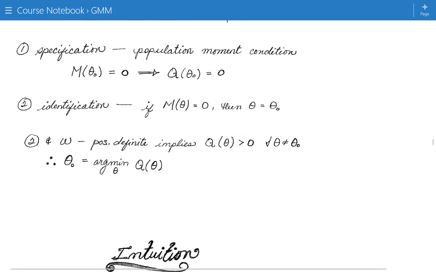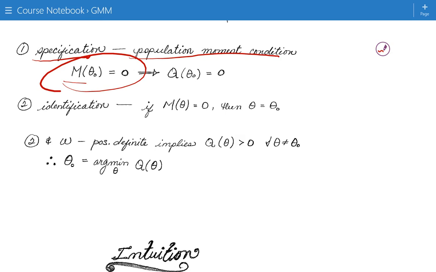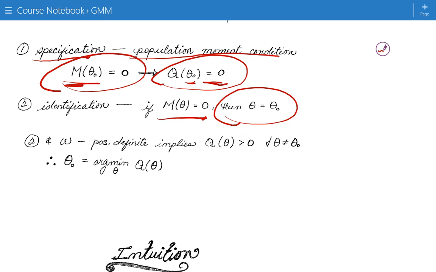For this to be the case, we have to have proper specification, which means the population moment condition is such that Q at theta naught is in fact equal to 0. We need it to be identified as stated above, so that M at theta equal to 0 means that theta is in fact theta naught.